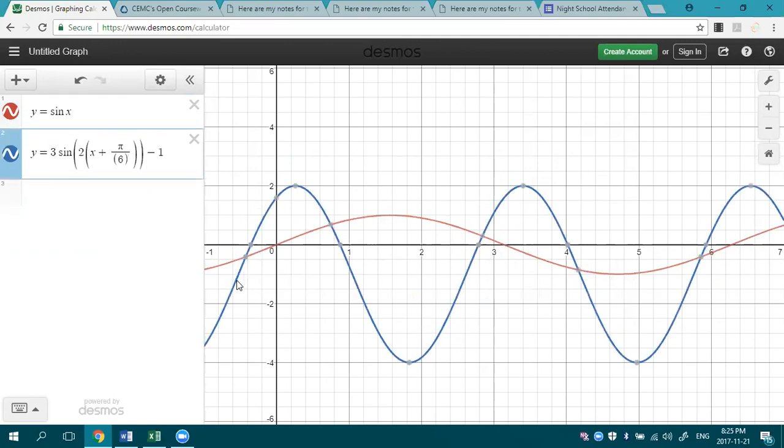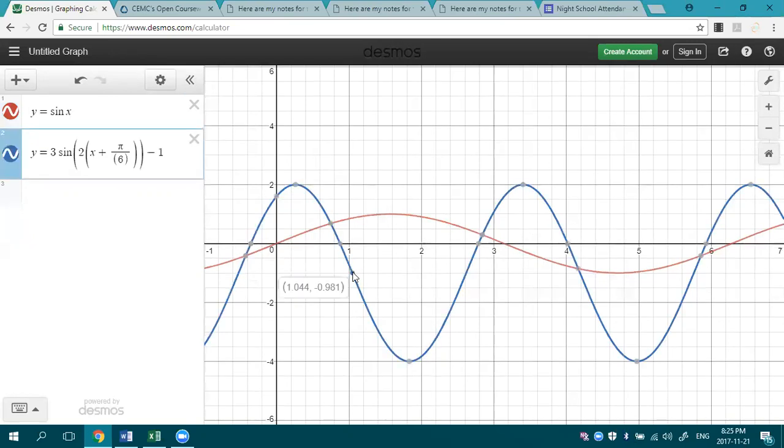Wait a second. Okay, so you can see here that 7 pi by 12, -4, and pi by 12, 2, right? Those were points that we had for here and here. Now at the axis, it doesn't give us the exact value for that. Oh well. That's okay though. I wish it would.